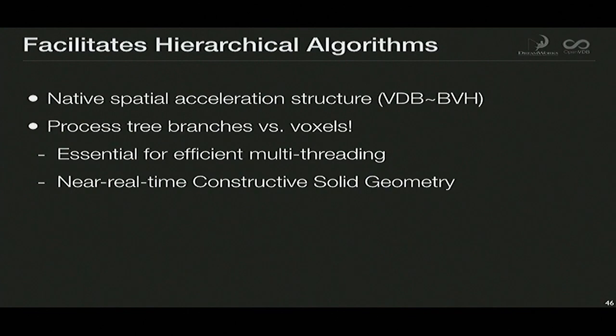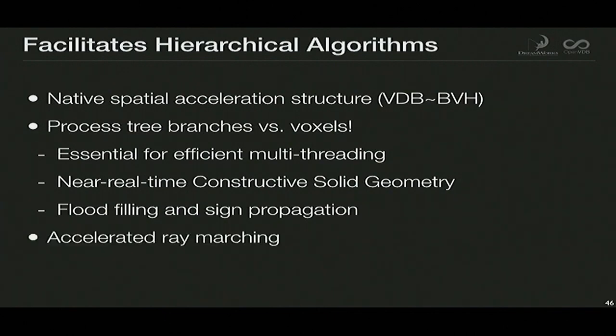The rest are just being copied. But instead of copying the values, you can now copy a whole tree branch, which is just copying a pointer. So that's incredibly fast. We can also do things like flood filling and sign propagation as a hierarchical operation, which is also very fast. And then, of course, we can do ray tracing.